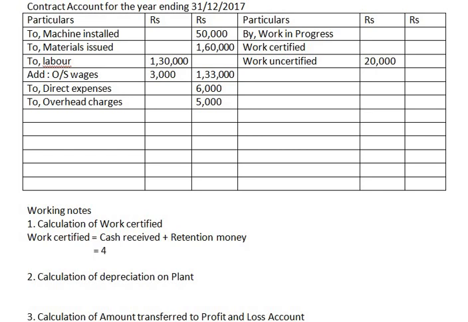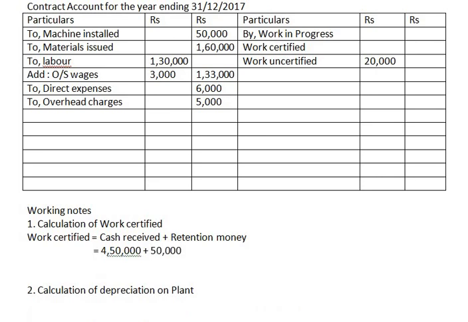So cash received is 4,50,000 plus retention money, which is also given in the problem, that is 50,000 rupees. Which will be equal to 5 lakh rupees.